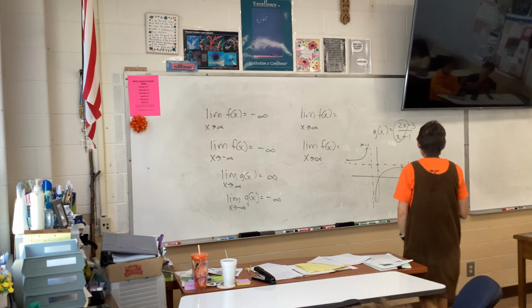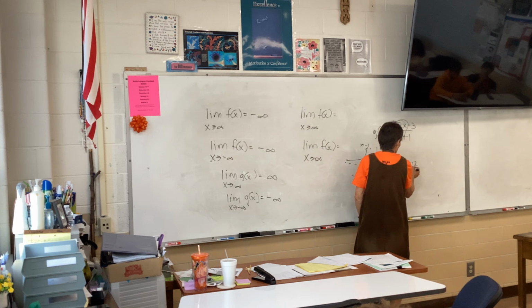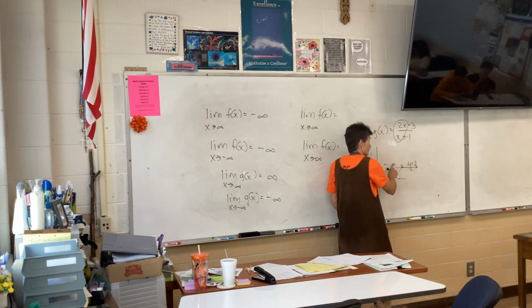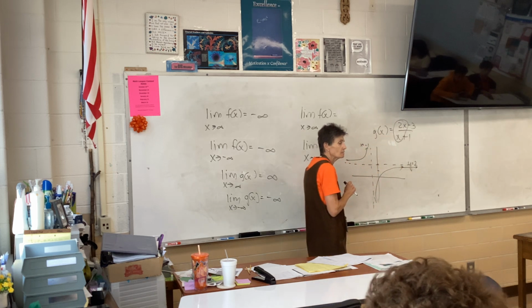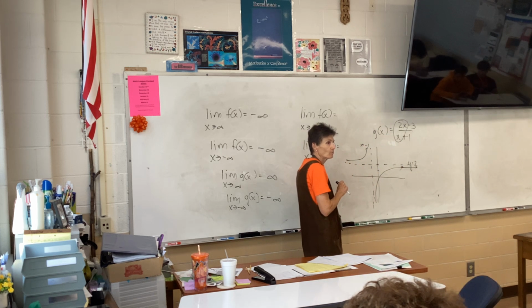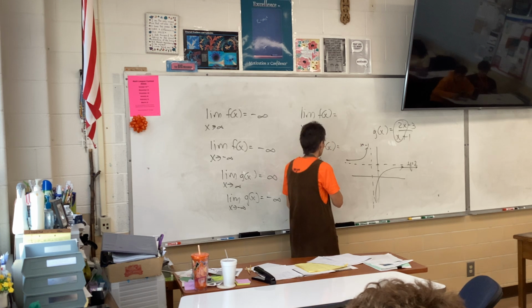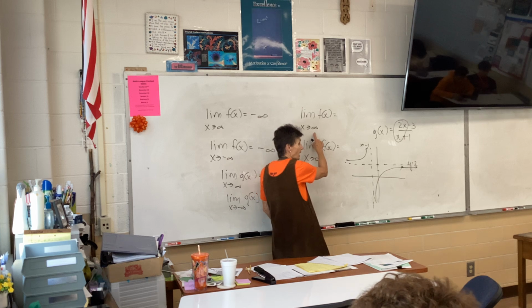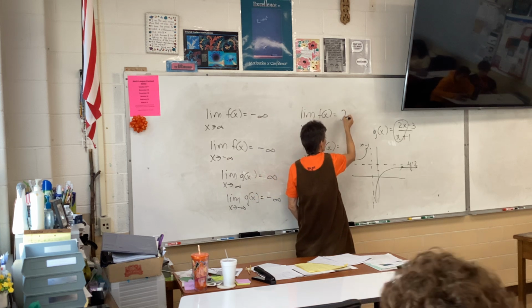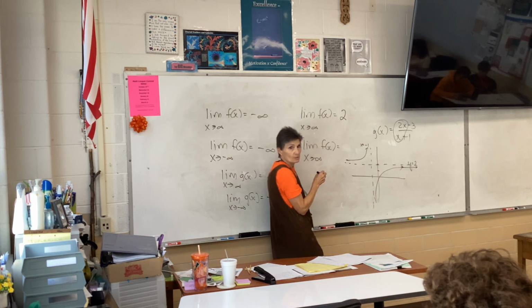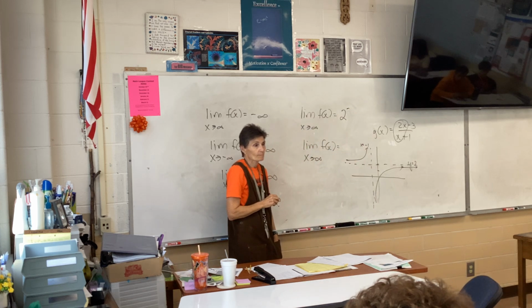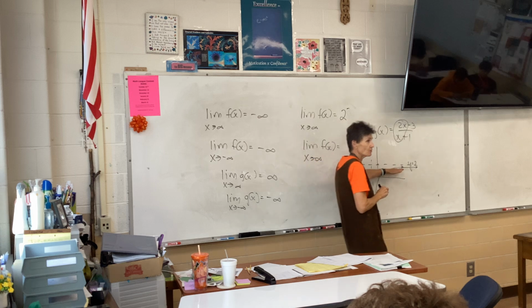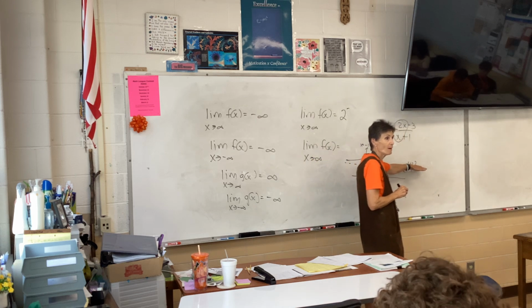So as you go off the page to the right, just hit your trace button, follow it out, watch those y's. You'll never reach 2. You're gonna get closer to 2 though. And so what are we gonna say? As we go to the right, we're getting closer to 2 from the bottom. We're coming up toward 2 from the bottom of 2.